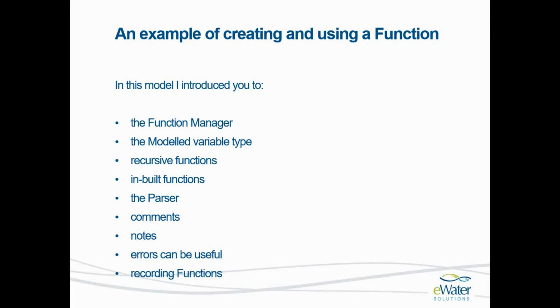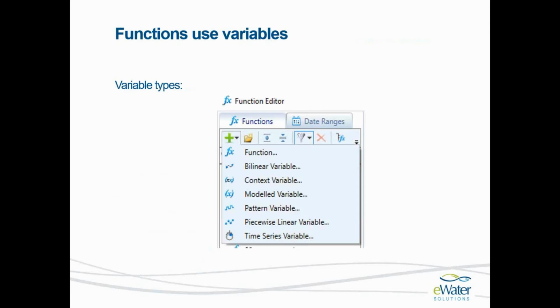We've had a look at recursive functions, at some of the inbuilt functions, the parser, the ability to comment out parts of what is in a function, the ability to add some notes. We've seen that errors can be useful in running a model with functions, and we've also seen how to record functions. So next I will just very briefly show you some of the different types of variables that can be used inside the functions in Source.